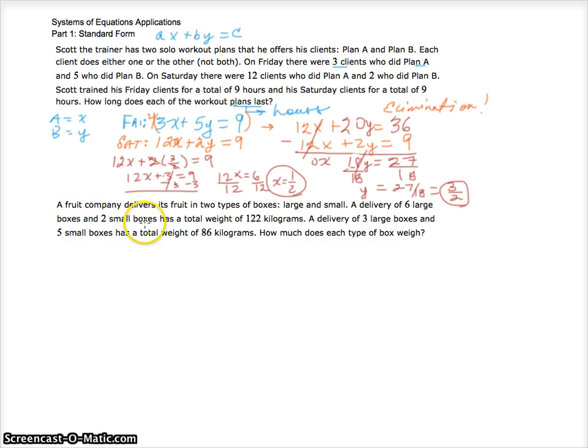Well, since we have 6 larges and 2 smalls, we'll say large is x and small is y. So we'll have 6x plus 2y equals 122 kilograms. And then for the next one, we have 3x plus 5y equals 86 kilograms.